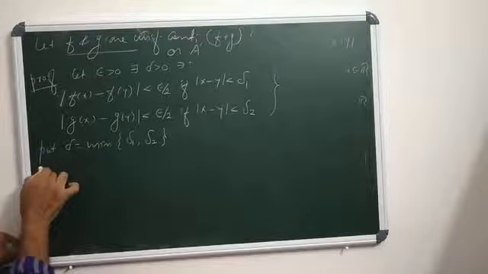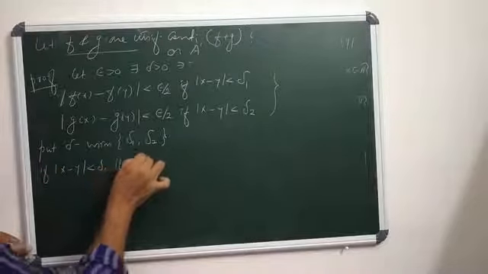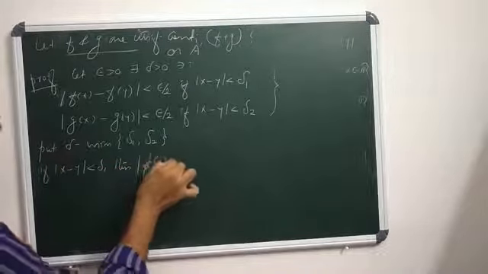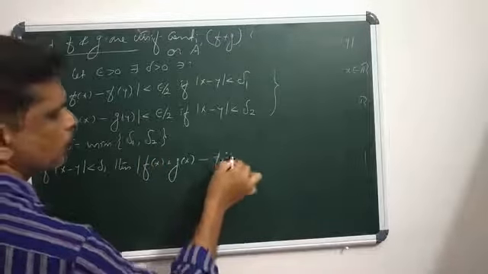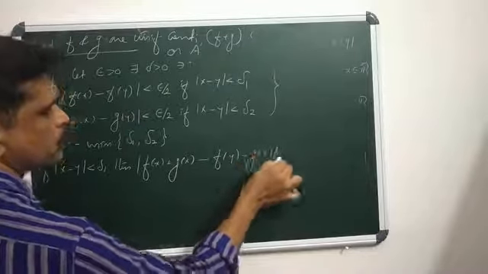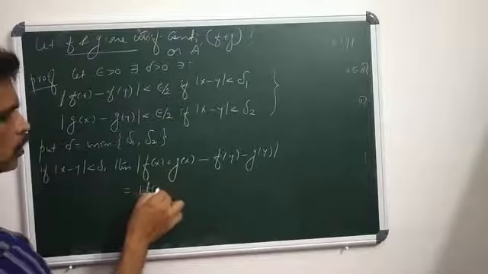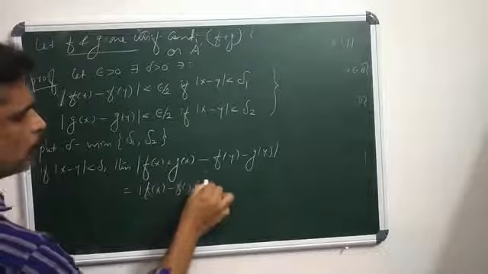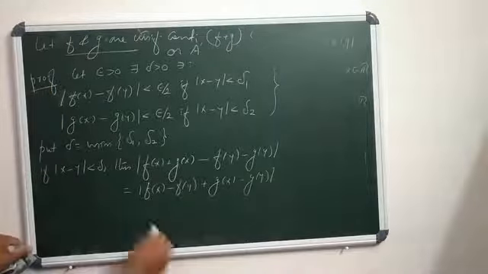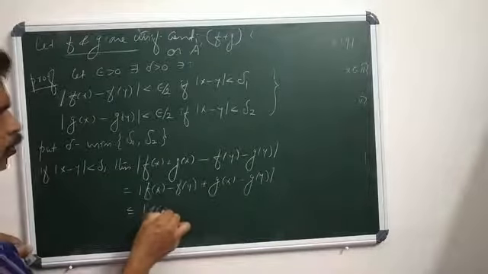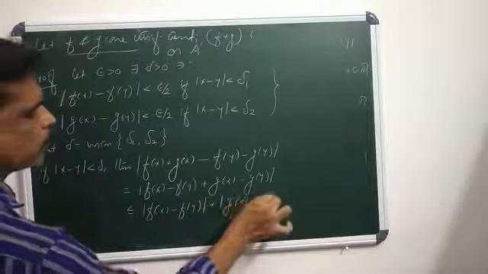Therefore, if mod x minus y is less than delta, then consider modulus of f of x plus g of x minus f of y minus g of y. It equals modulus of (f of x minus f of y) plus (g of x minus g of y). By the triangle property, it is less than or equal to modulus of f of x minus f of y plus modulus of g of x minus g of y.